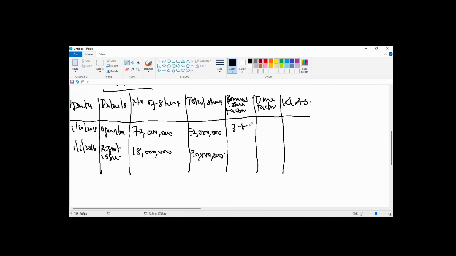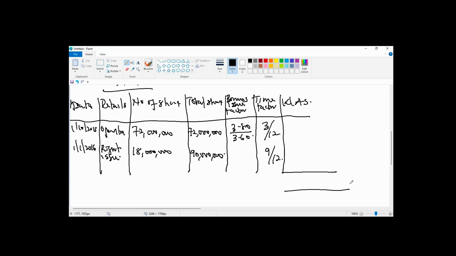Then from 1st October to 1st of January, how many months? 3 months, so 3 over 12. The other period will give me 9 over 12. I am done. I can now calculate my basic.